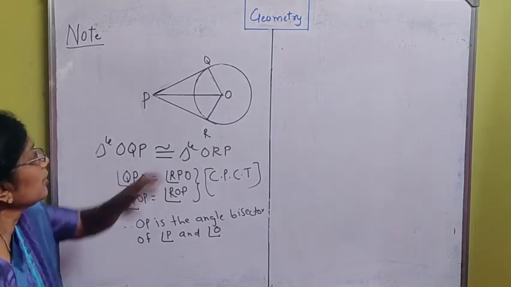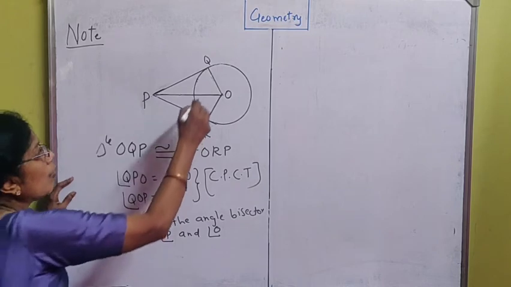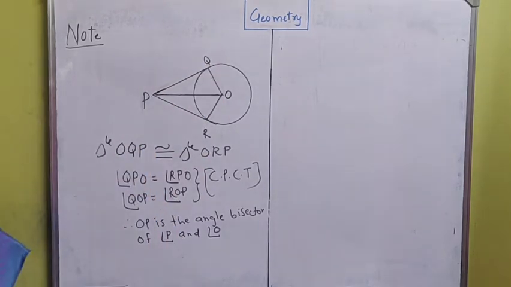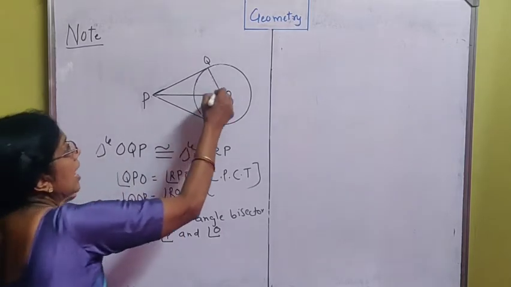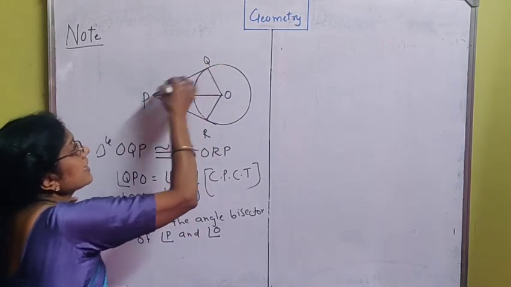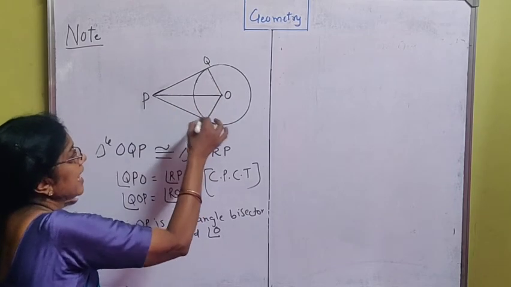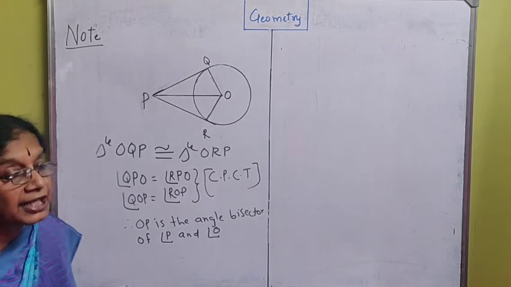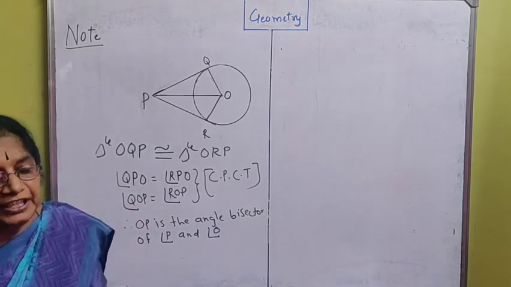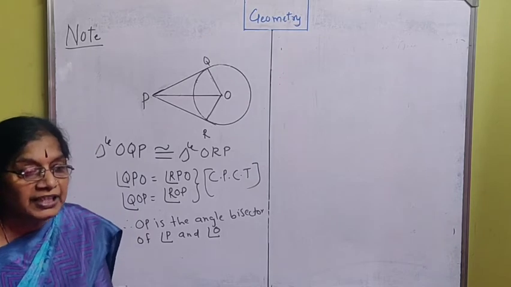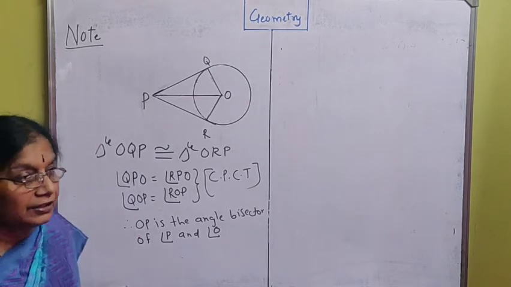Now pay attention over here. OQPR is a quadrilateral. Angle OQP and angle ORP are 90 degrees because of radius and tangent. In 8th and 9th standard you studied that the sum of the angles in a quadrilateral is 360 degrees.